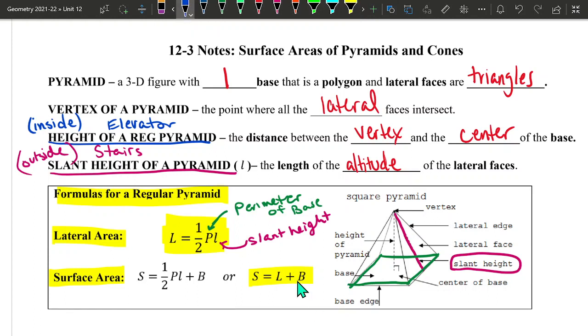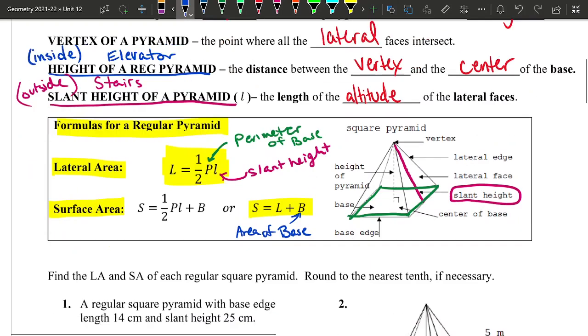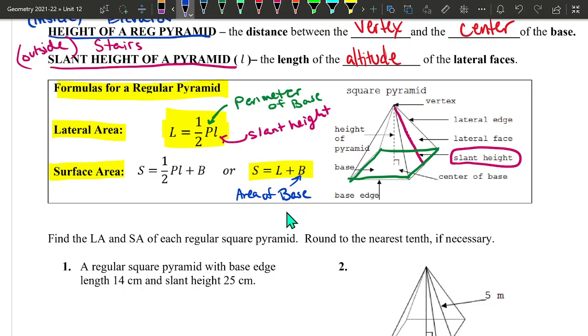So this B, area of the base, the formula changes according to the shape of the base.